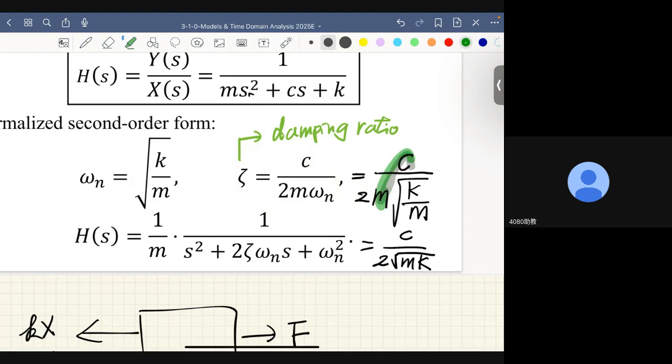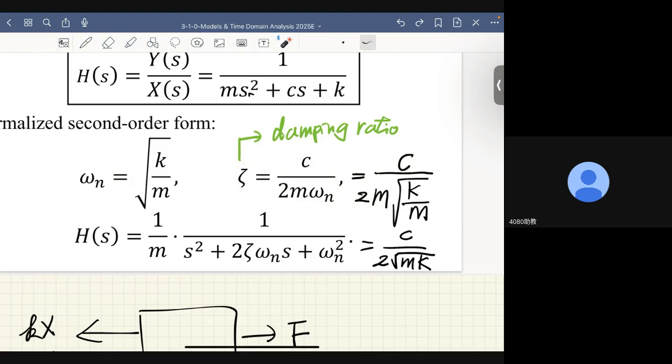Another reason why we want to introduce this term is, keep in mind, okay, omega n and eta represent two and only two most important parameters for second-order systems.